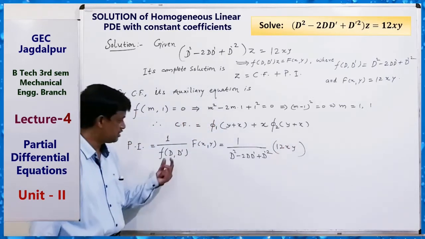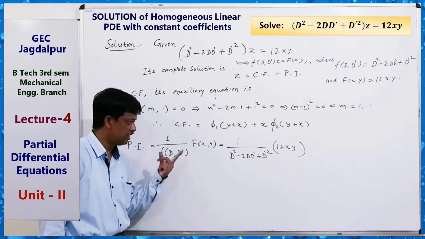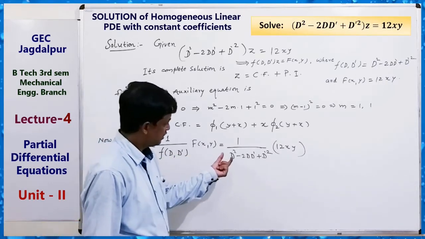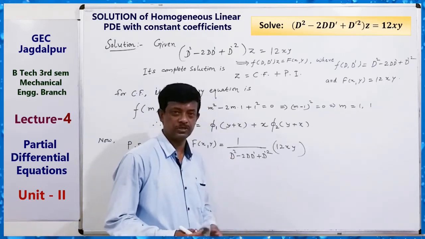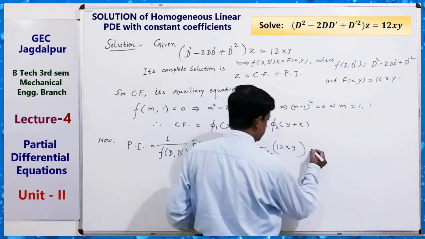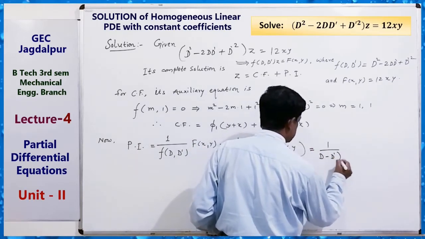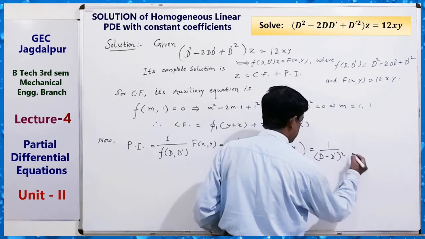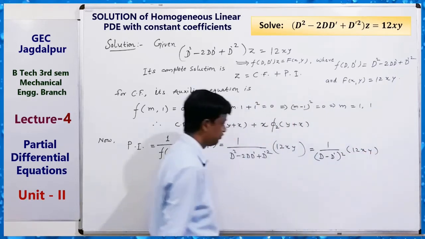Now our target is to factorize this. So here we see that (D - D')². This can be written as 1 upon (D - D')² of 12xy.